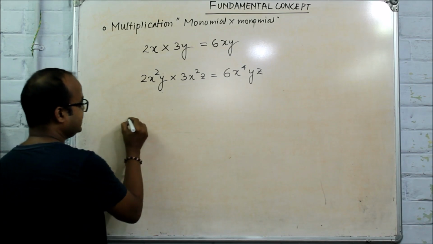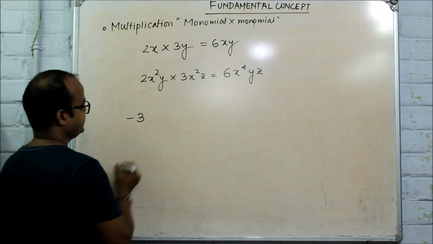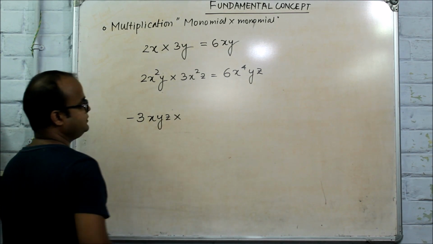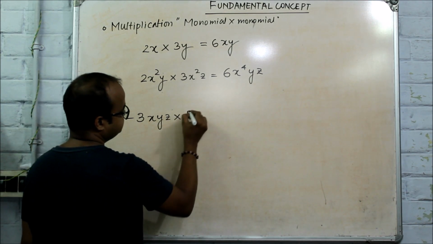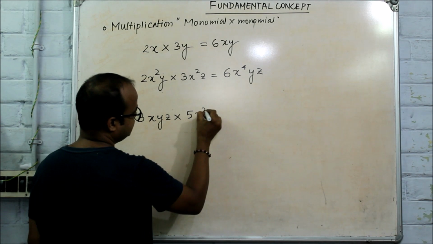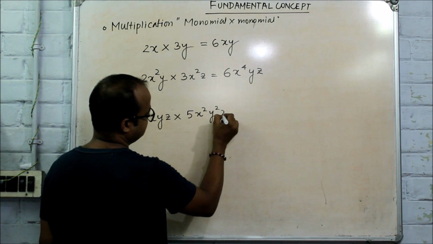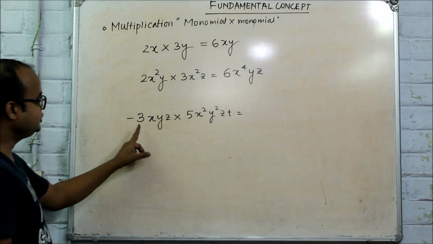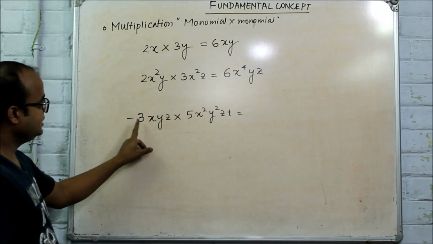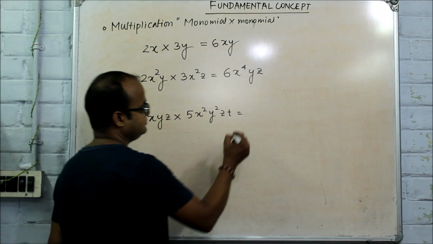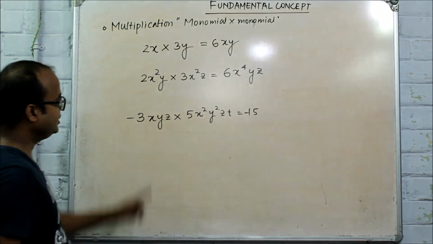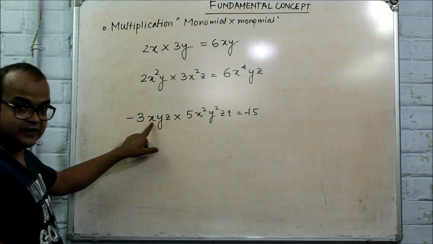Suppose I take another example, minus 3xyz multiplied by 5x square y square z t. First we need to multiply the numerical coefficients. Minus 3 into 5 is equal to minus 15. Now add the power of x.